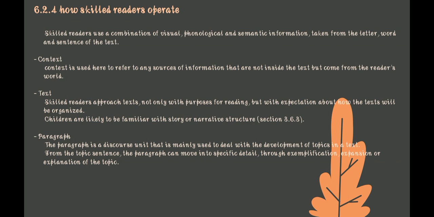And point 3, paragraph. The paragraph is a discourse unit that is mainly used to deal with the development of a topic in a text. From the topic sentence, the paragraph can move into more specific detail, drawing simplification, expansion, or explanation of the topic.